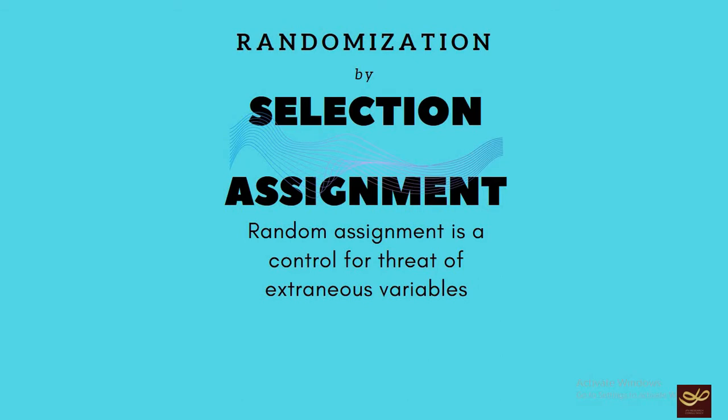Now, on top of this, randomization or random assignment is also a control for threat of extraneous variables. So we are now discussing the different threats, and later on we're going to go into other threats of internal validity. To understand this further, we need to know what is an extraneous variable.